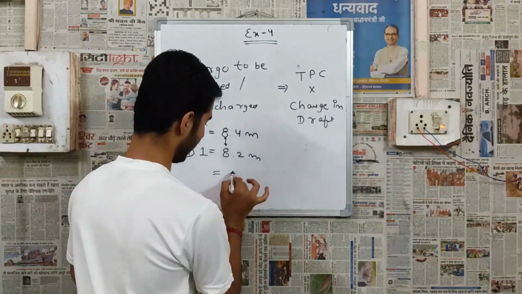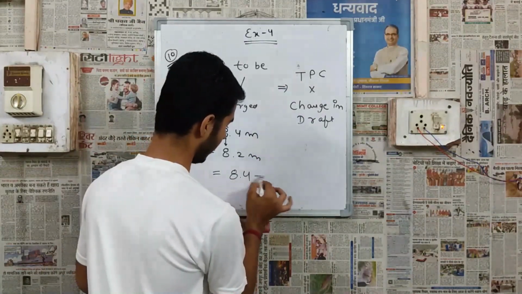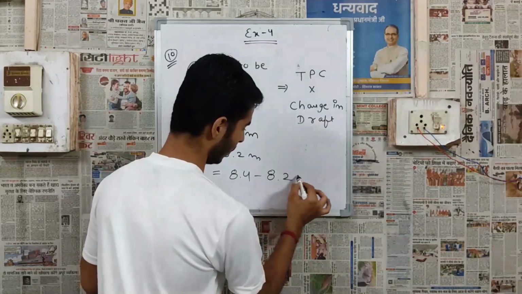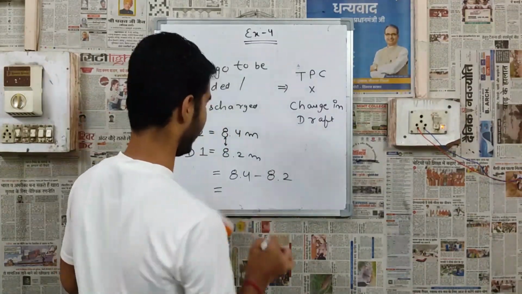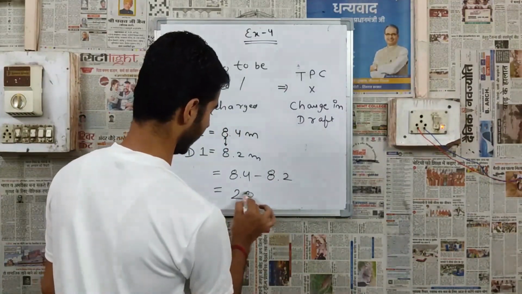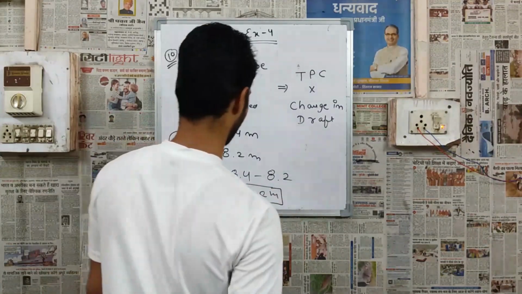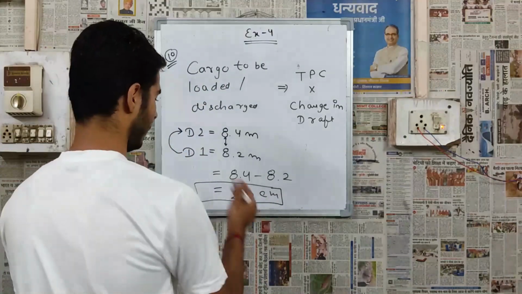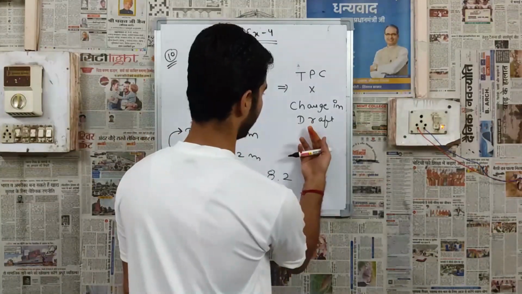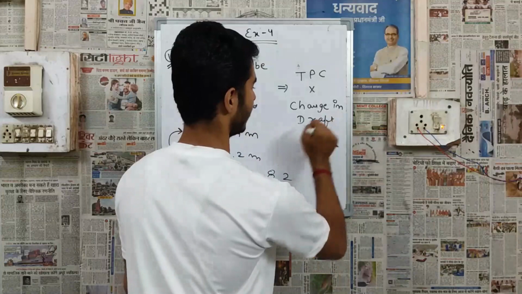It is 8.4 minus 8.2, which is equal to 0.2 meters, or 20 centimeters. So we got our first value, that is change in draft.